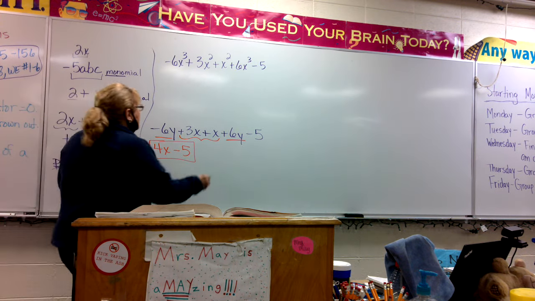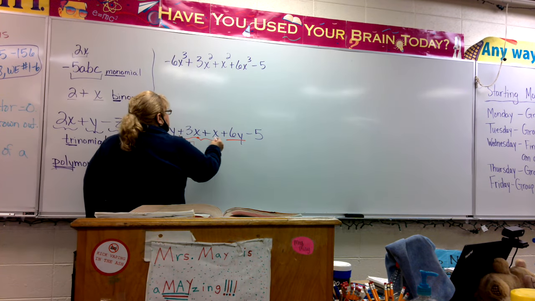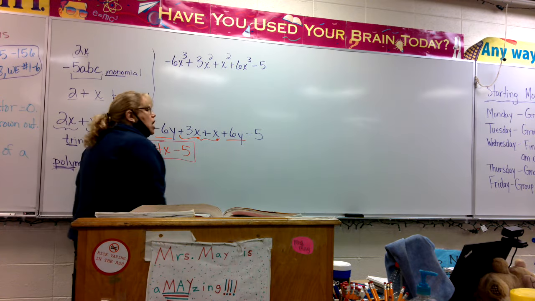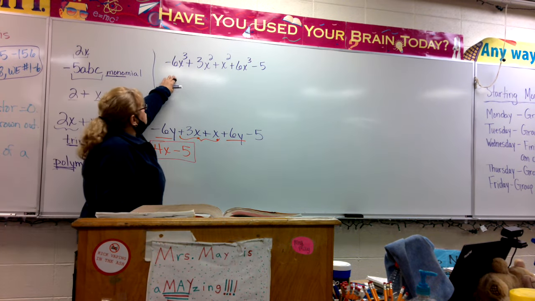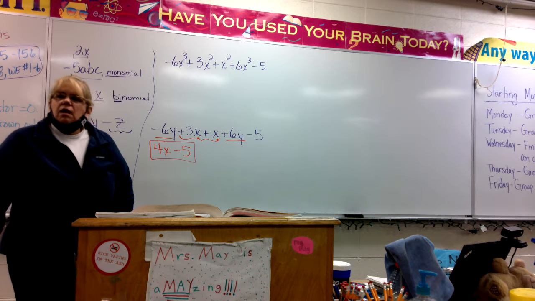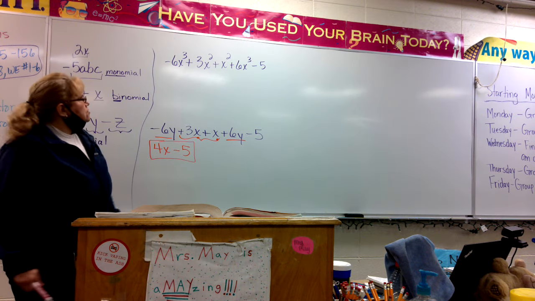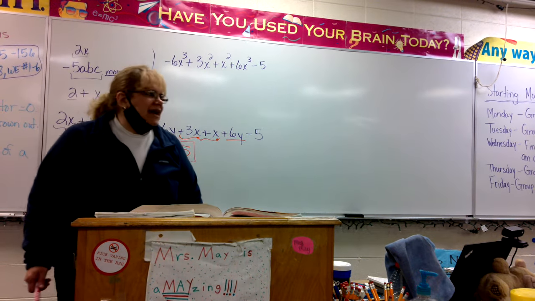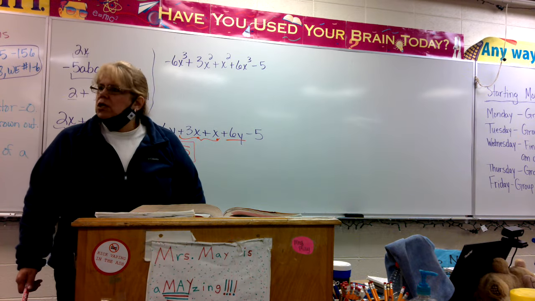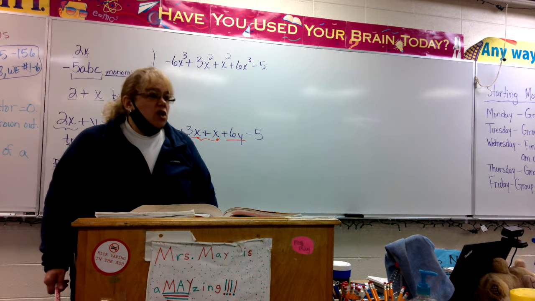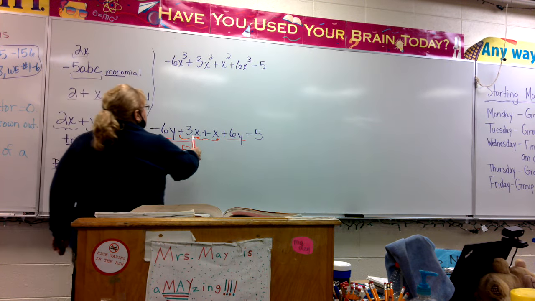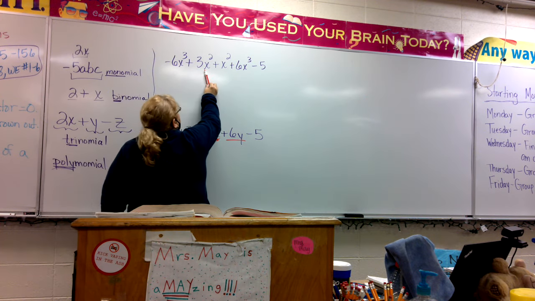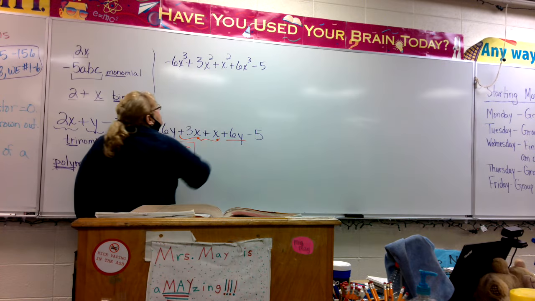Now, remember, like terms, they could be the same letters, x's with x's, y's with y's. But what happens when you have exponents? I have some x to the third, some x squared. Can I just put those all together because they're all x's? No. Not only do they have to be the same letters, but you can only combine x squareds with other x squareds.